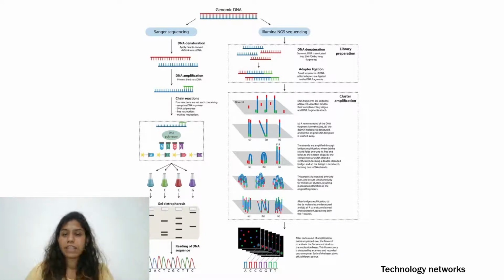Usually, the fragment length should be somewhere between 200 and 700 base pairs, and we attach sequences called adapters. This process is called library preparation. So we are preparing a library of these smaller fragments from our whole genomic DNA.